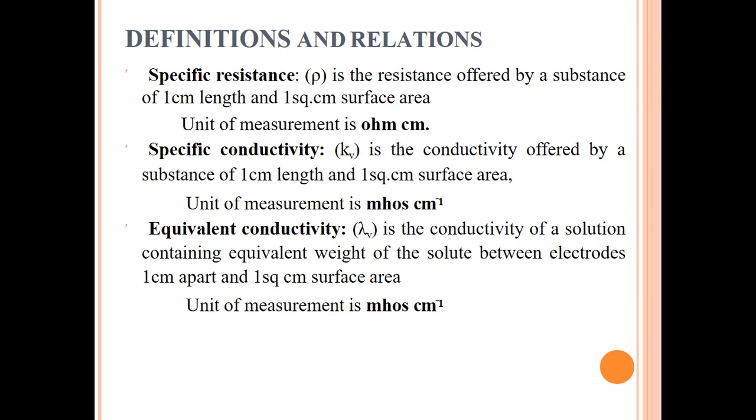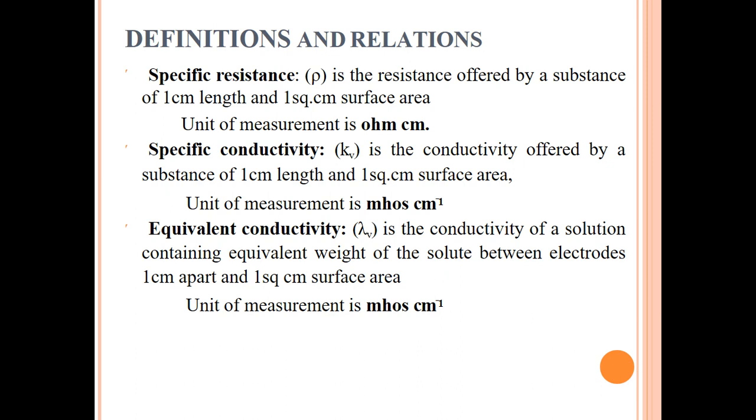The unit of measurement of specific resistance is ohm centimeter. Specific conductivity kappa is the conductivity offered by the substance of 1 centimeter length and 1 square centimeter surface area. So we will see here the specific conductivity is actually the reciprocal of specific resistance.